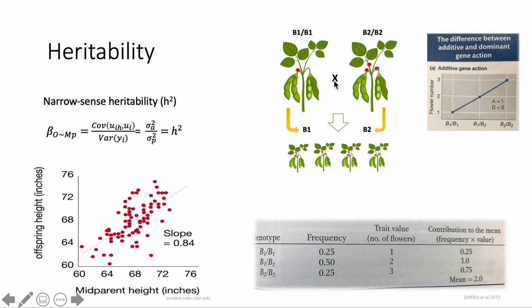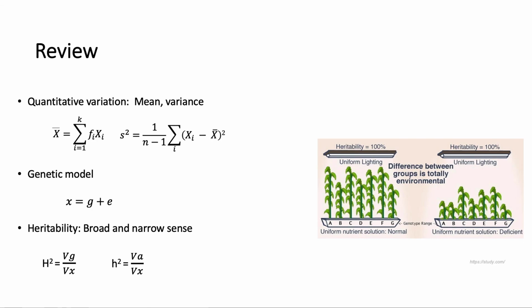So as a review, again, remember that quantitative genetics basically applies statistical methods to understand the inheritance of quantitative traits. Try to remember or to understand why we use the frequencies to get the mean of the population.